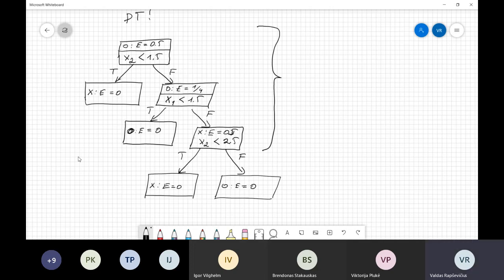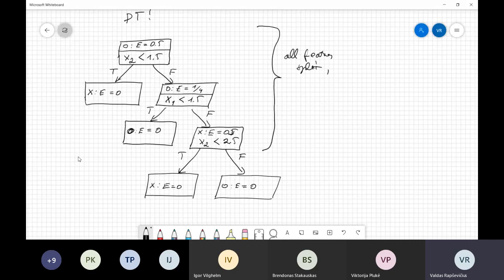The stopping condition here would be all features split, because we would split by x2, we would split by x1, and that's it. We remain here. All features split is a condition for stopping.